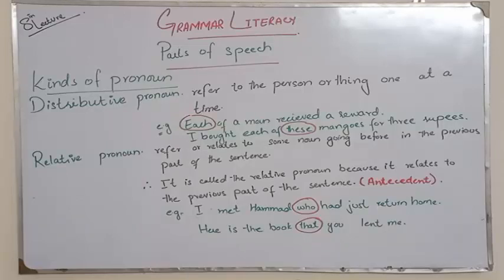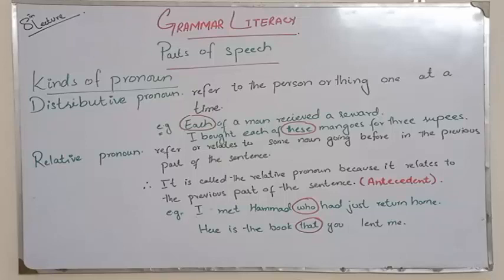So here we are talking about every man. That could be a company or some working place. Here the owner is going to address the employees that each man received a reward. So here each means everybody working over there. The next example is, I bought each of these mangoes for 3 rupees. Okay, each of these mangoes.